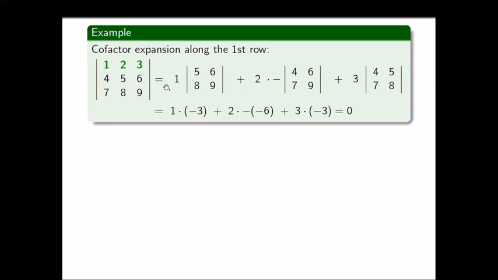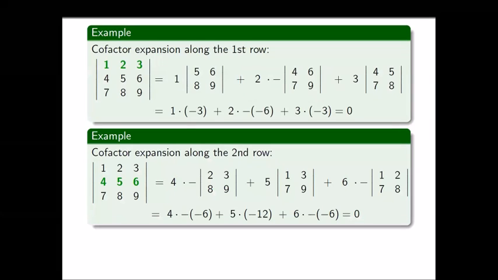So we get 1 times the determinant of [5 6; 8 9] minus 2 times the determinant of [4 6; 7 9] plus 3 times the determinant of [4 5; 7 8]. We compute all of these smaller determinants individually, and we get the determinant, and that's just 0.